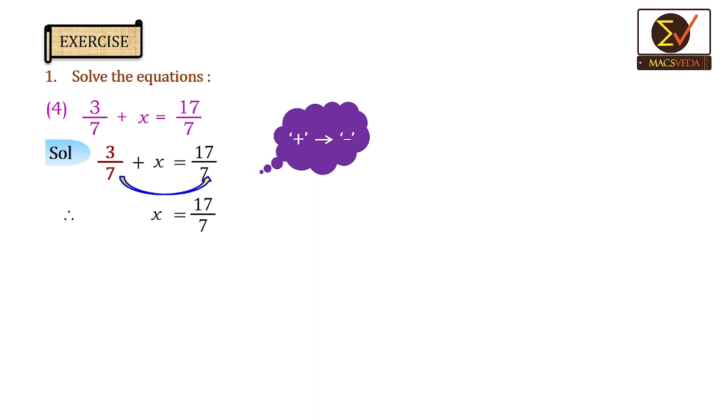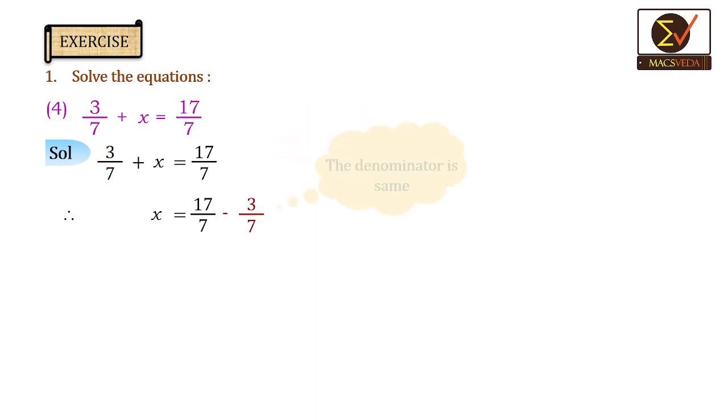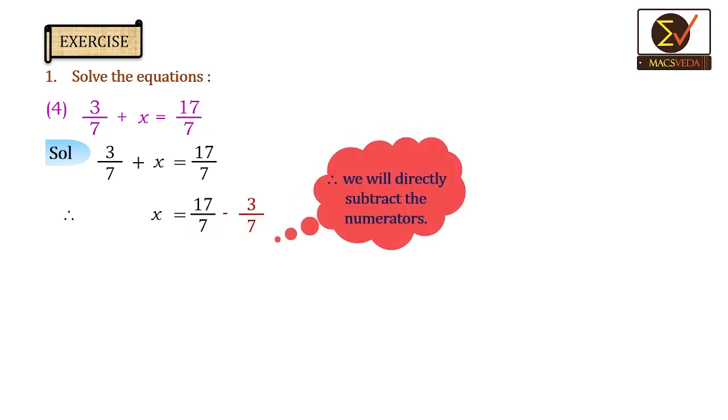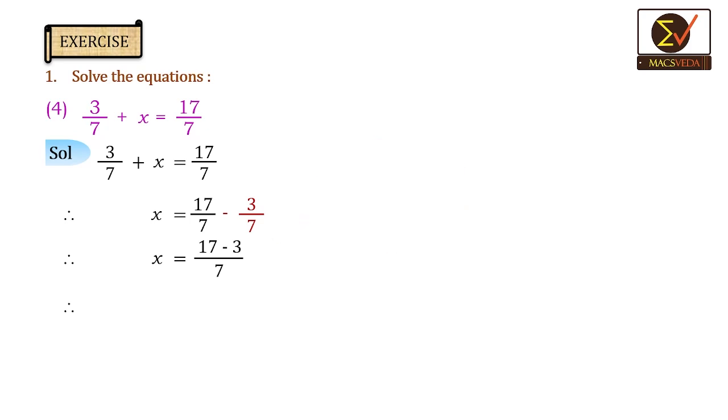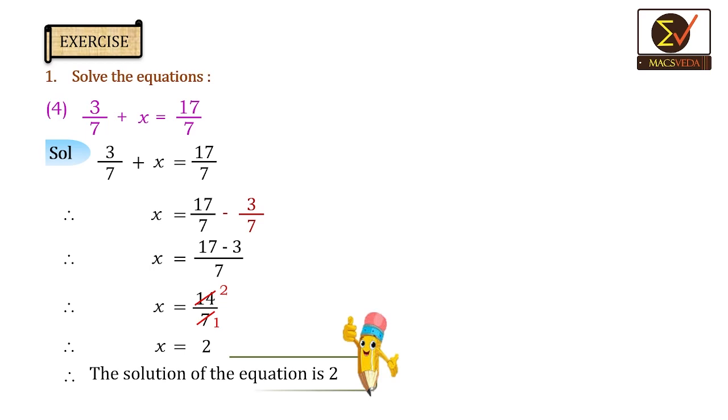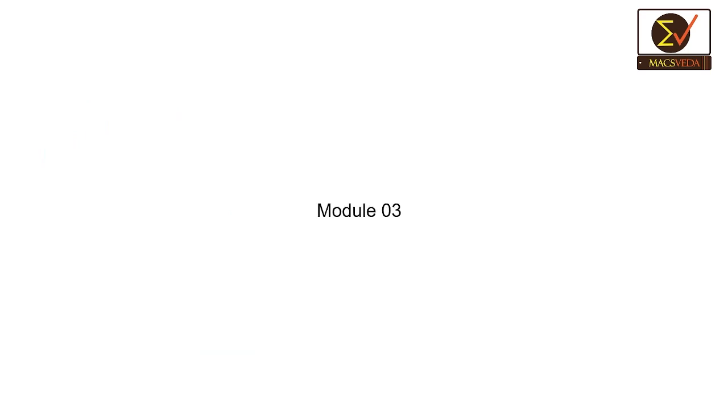So x will become 17 by 7 minus 3 by 7. As the denominator is the same, you can directly subtract the numerators. So x is equal to (17 minus 3) divided by 7. That is, x is equal to 14 by 7, which means x is equal to 2. So the solution of the equation is 2.